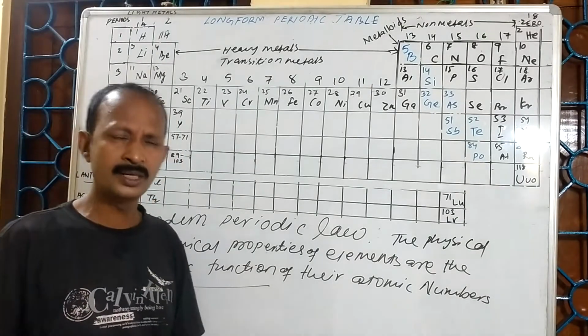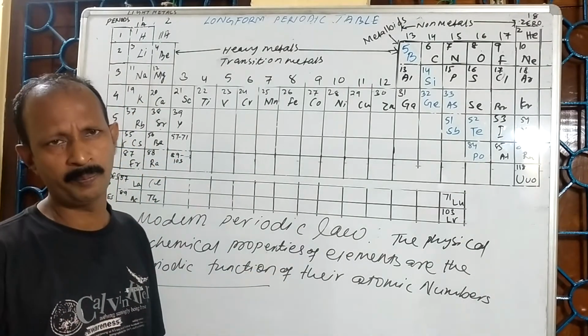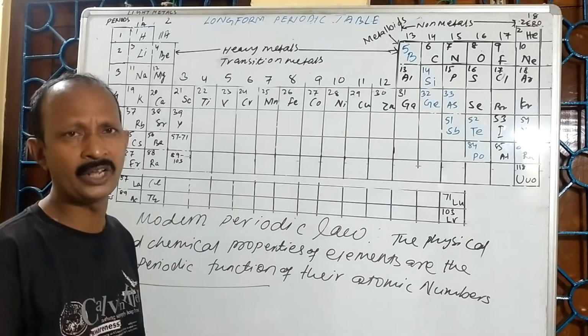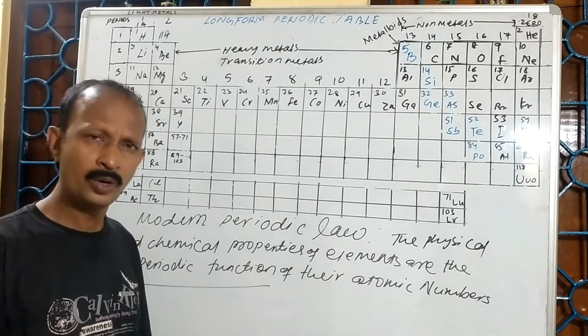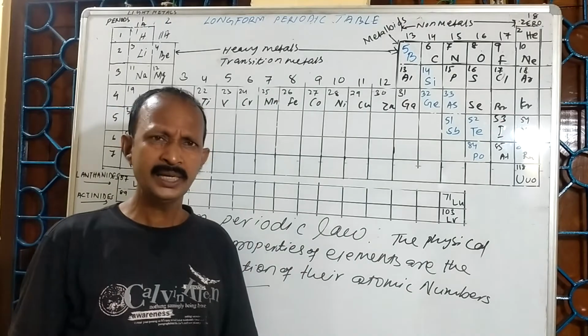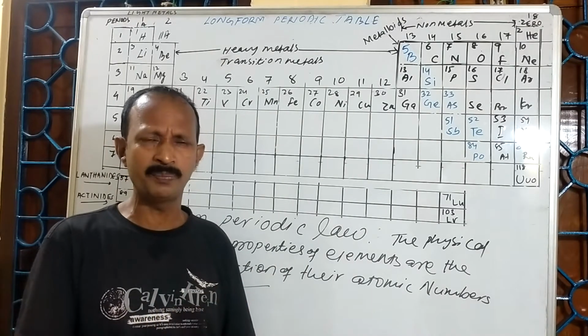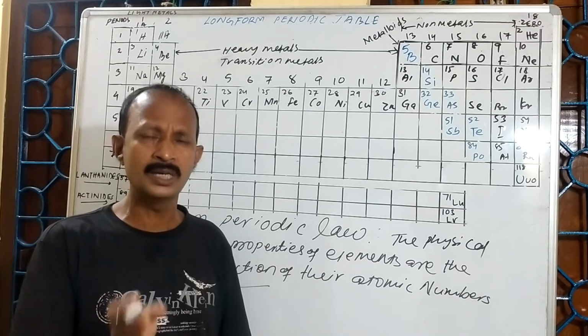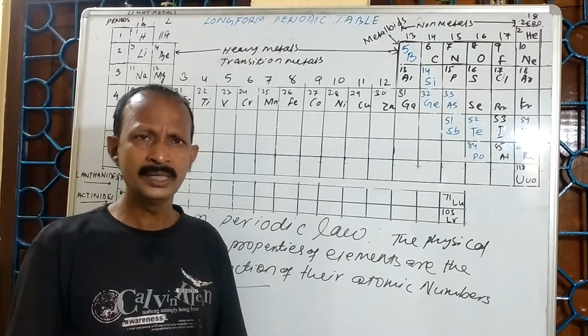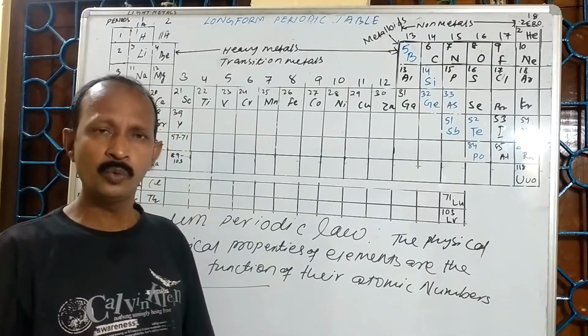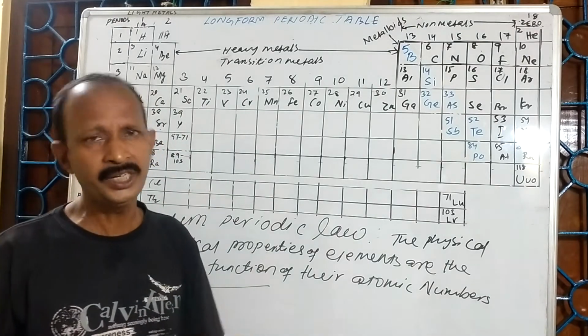Periodic function means the repetition of the properties at regular intervals. You can say that gradation in their properties. The gradation in the sense whether increase or decrease in properties, but it repeats after regular intervals. We say that is periodicity.